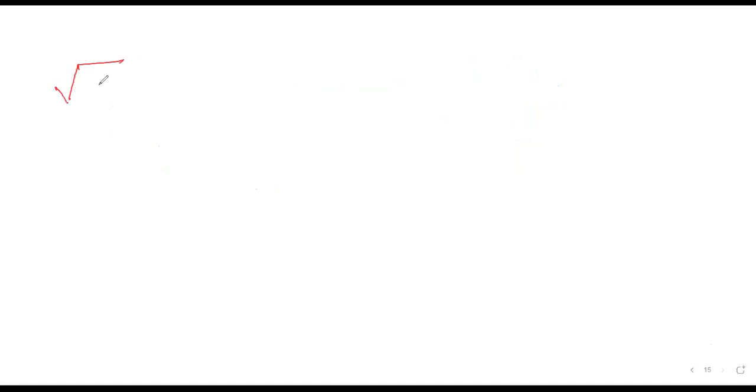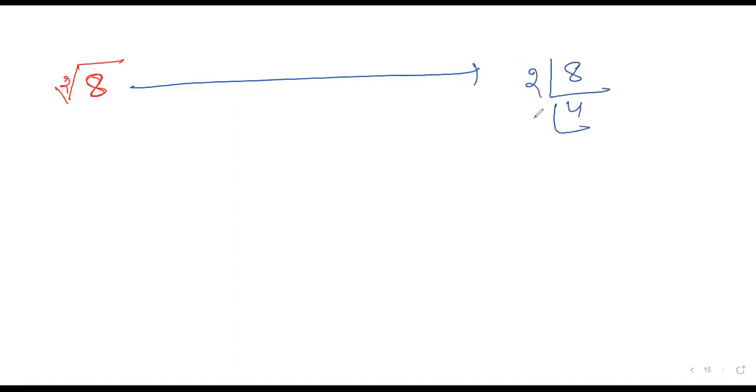One more example for you to understand very clearly. The square root of 8. Please find the square root of 8. What is the answer? Take 8 and apply this. 2 4s are 8, 2 2s are 4, 2 1s are 2. Clear? The square root of 8, what can I write?